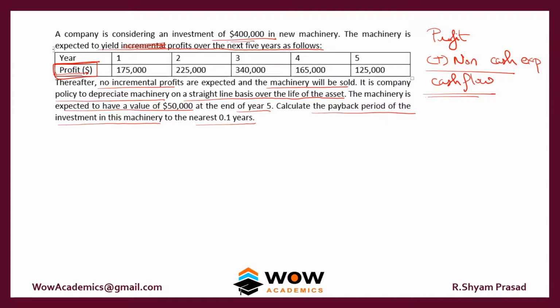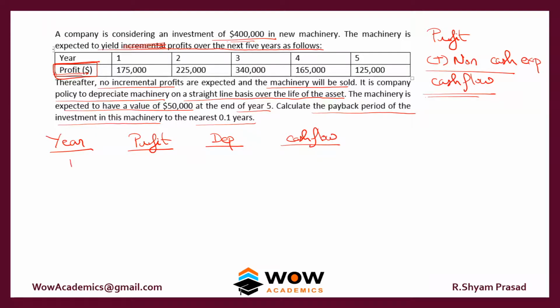So we'll start from here. We have years, we have profit. With profit we have to add the non-cash expense. In this sum, the depreciation is the non-cash expense, so we'll add the depreciation back and then we'll get the cash flow.